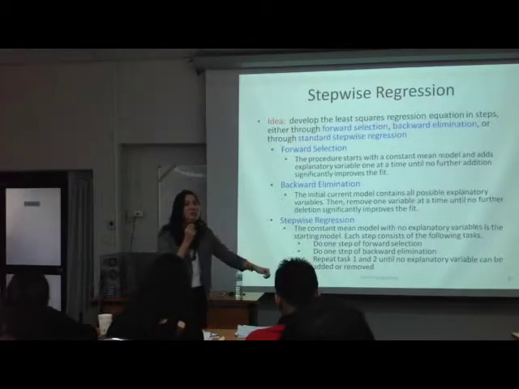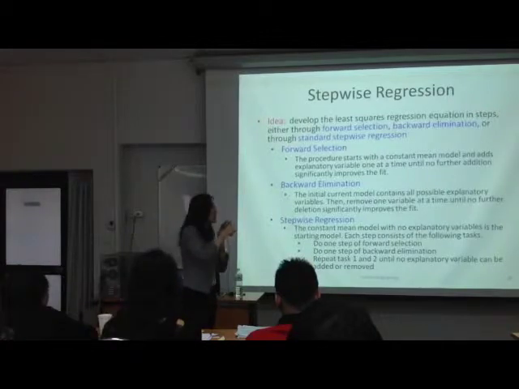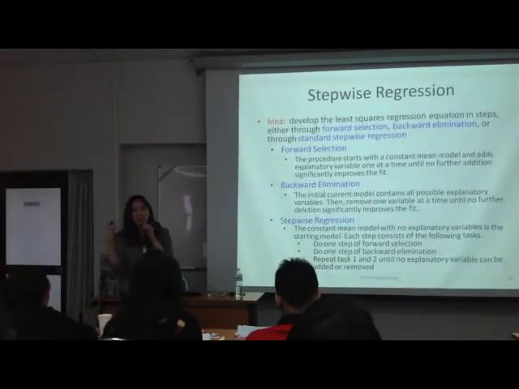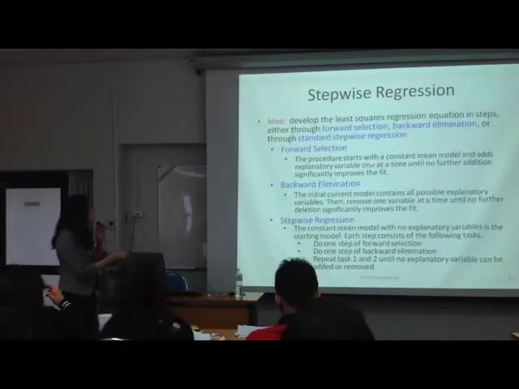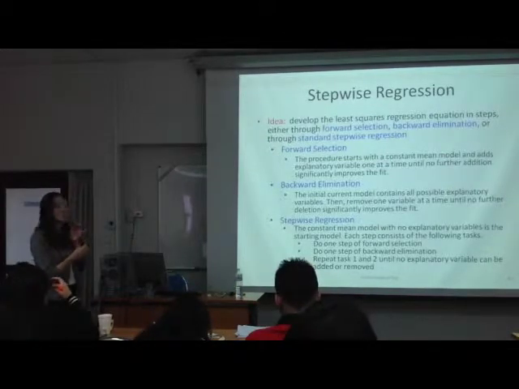So it's just the intercept term, or y bar. And then we keep including one variable at a time until there's no further significant improvement in the fit. So you include one at a time.